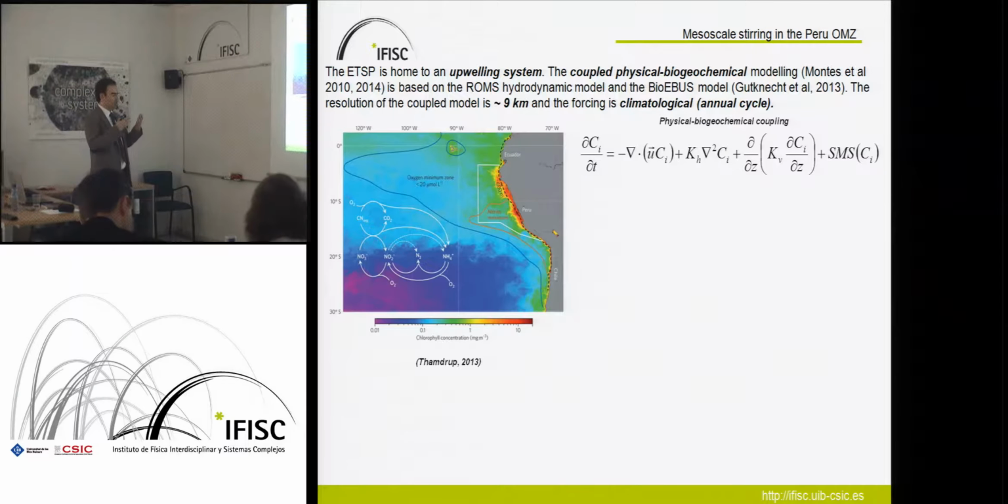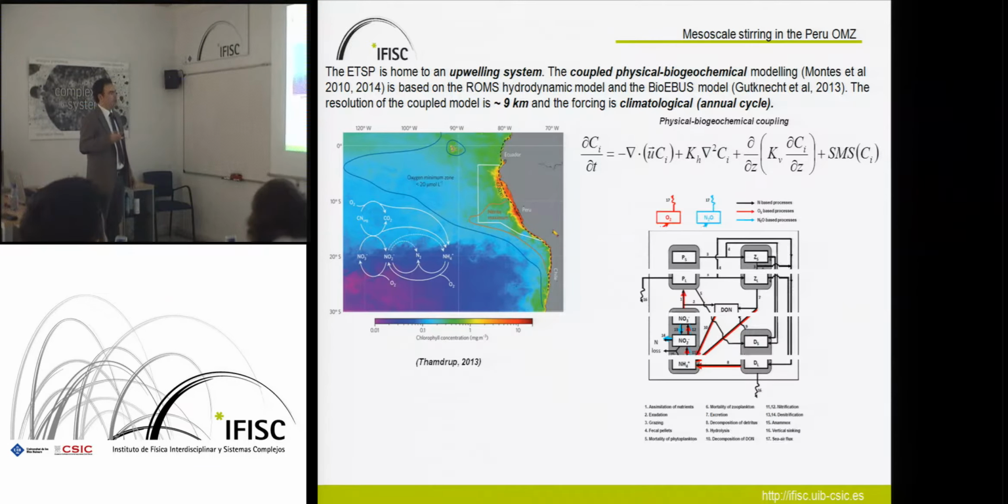And there is physical biological coupling, where the variation of a quantity is given not only by the advection and diffusion, which are physical processes, but also by biogeochemical processes, collected in this term. And of course, this biogeochemical part is very complex, and you can see here that there is a lot of interaction between the different species. So this is the framework which allows us to compute the flow and its effect on the biological species.